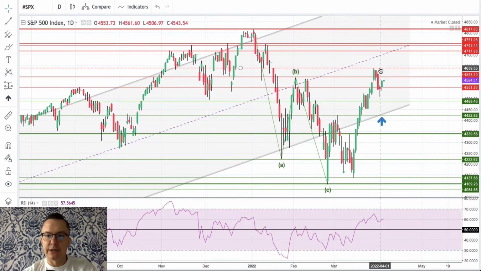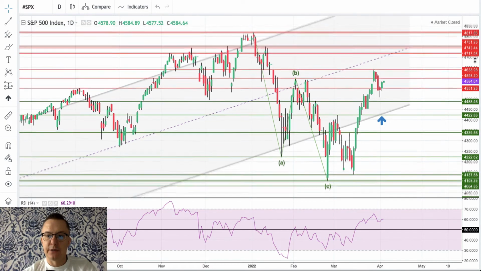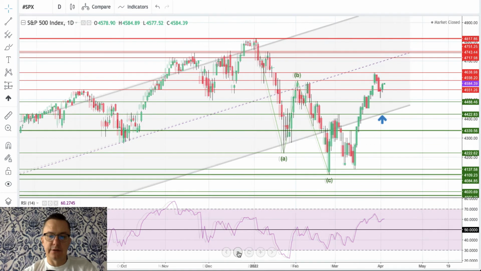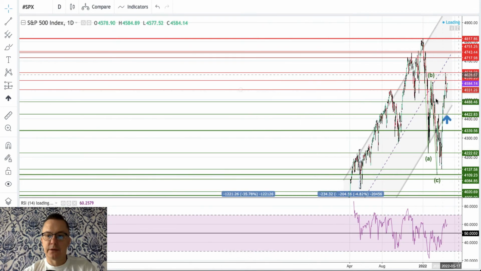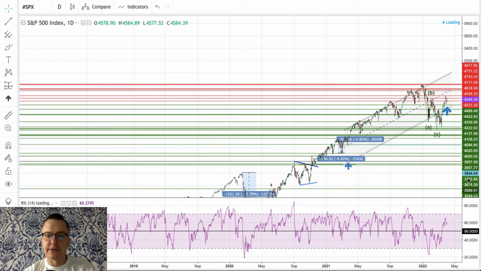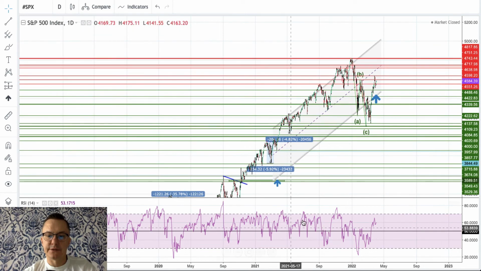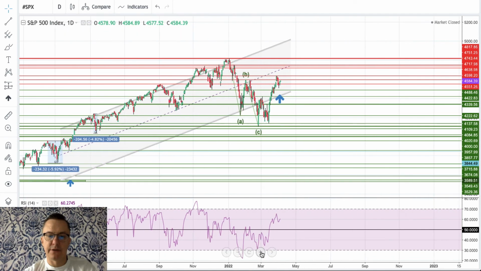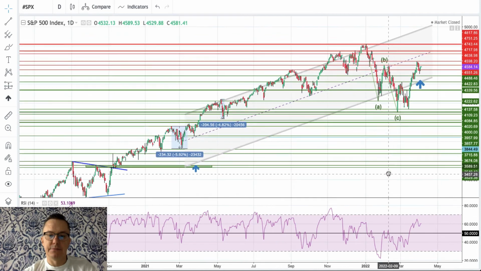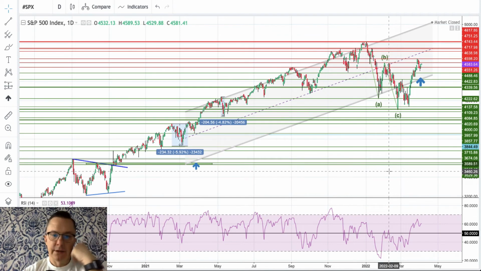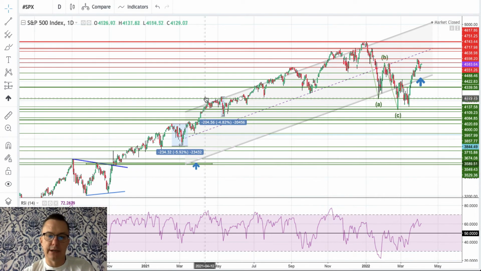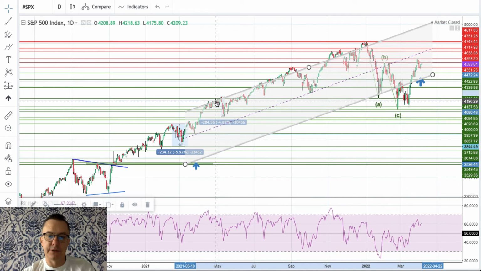So I will leave the channel on the chart, but let me just zoom out and give you some kind of a bigger view for this situation here. So what do we have here? Just take a look. We got this big channel, and this channel is, as you can see, made of the highs and lows during the uptrend.